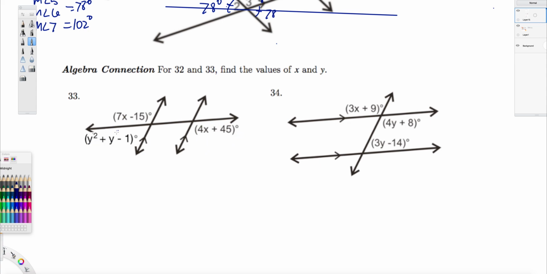So before we can write an equation with y, we have to find x here, and we can. We know that alternate exterior angles are congruent. So I can take 7x minus 15 and set it equal to 4x plus 45.